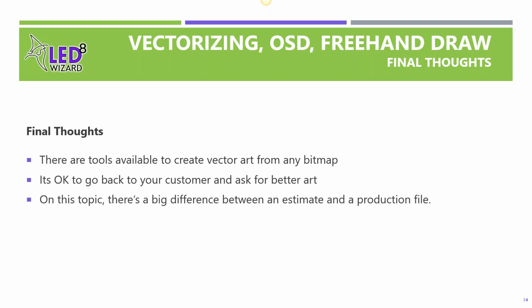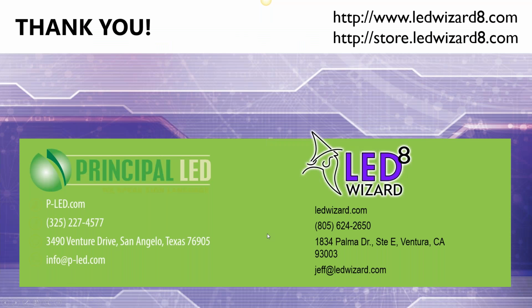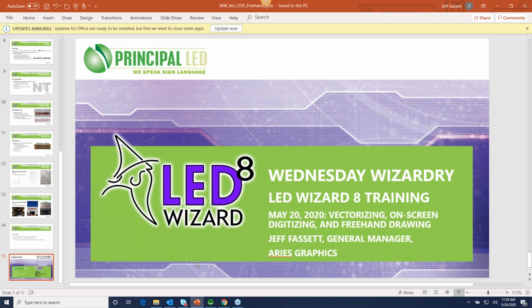So, for example, if a bitmap comes in that's poor quality, you use freehand draw, you create a layout, you provide it back. If that turns into a job, you might come back and say, we really need better artwork. We need something that has precise measurements. We gave you an estimate. We need to go to the next level. So when you talk about producing and you're bending returns and things like that, we need a little bit more precision.